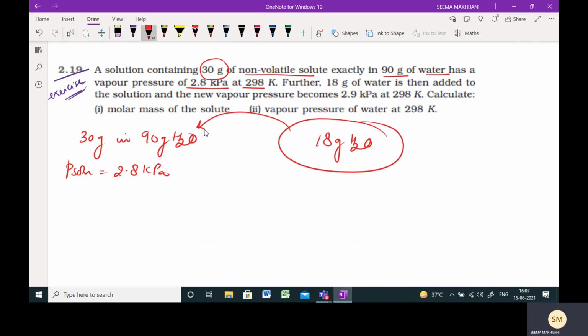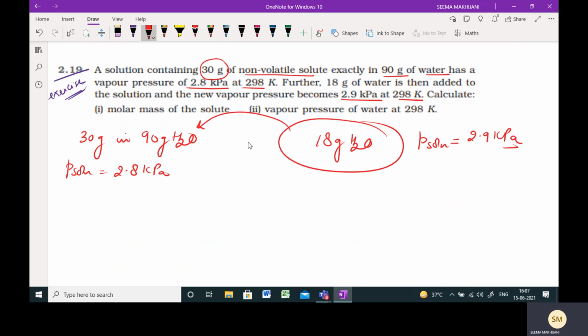When you add 18 grams of water, then the P solution was found to change to 2.9 kilopascals at the same temperature. Now there are two pieces of information which you have to digest, and then we will be using this piece of information in our question.